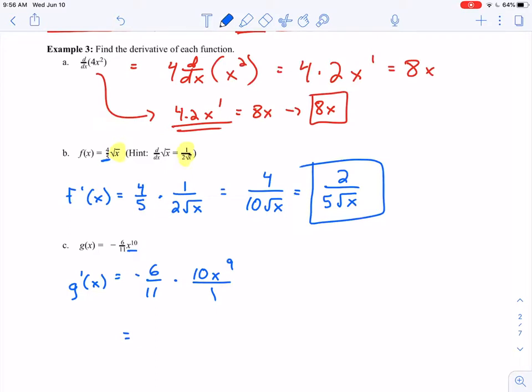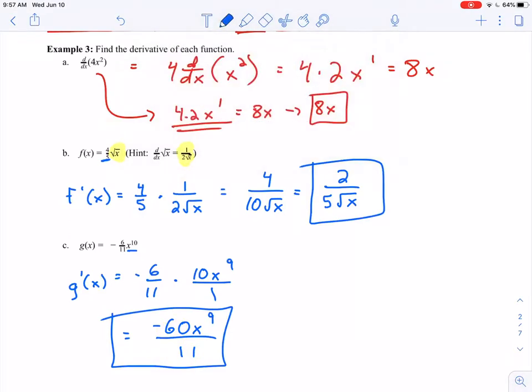Negative 6 times 10, I've got negative 60x to the 9th power divided by 11. Here's my derivative. We also could have just said, hey, 10 times negative 6 over 11, that's where we would have gotten negative 60 over 11 from. So constant multiples are really not going to dramatically impact the way that we find derivatives, which is really, really nice.